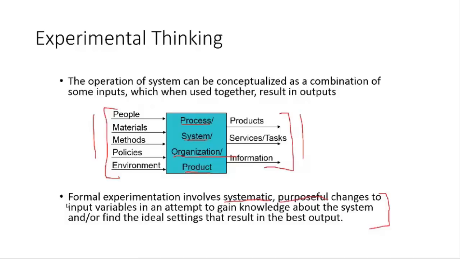Now, in some rare cases, you are not physically changing the input variable, but you're choosing the input variable that you want to observe, because you don't have the information about how the output is going to look at every point in the input space, so you are not making a modification to the system.